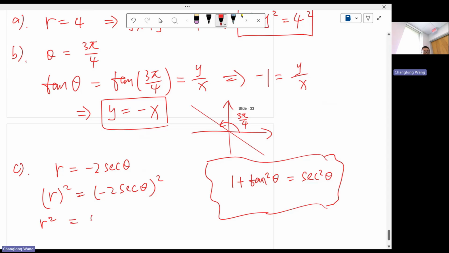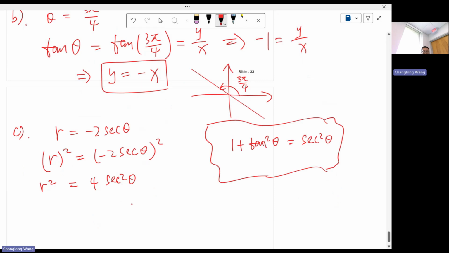So this is going to be 4 times secant squared theta. Now let's make the substitution. R squared is 4 times secant squared, which is 1 plus tangent squared theta.